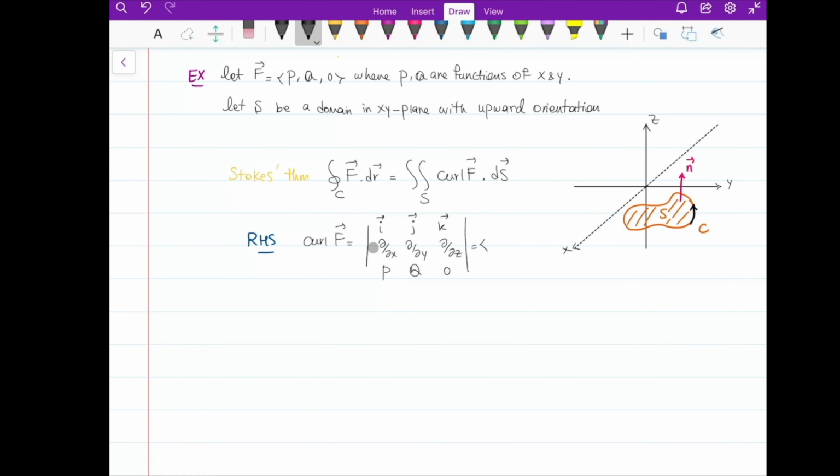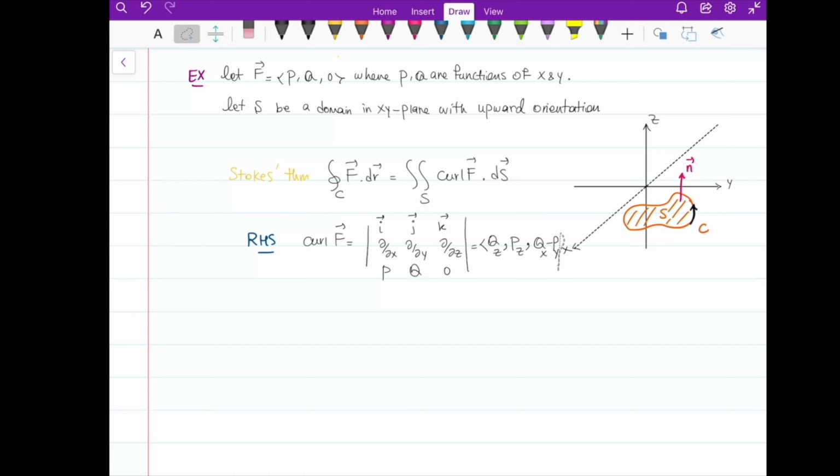Okay, so the first coordinate would be, I remove the first row and the first column, and find the determinant of this minor, which would be Q with respect to z, and then the second one would be P with respect to z, and then the last one would be Q with respect to x minus P with respect to y, Qx minus Py.